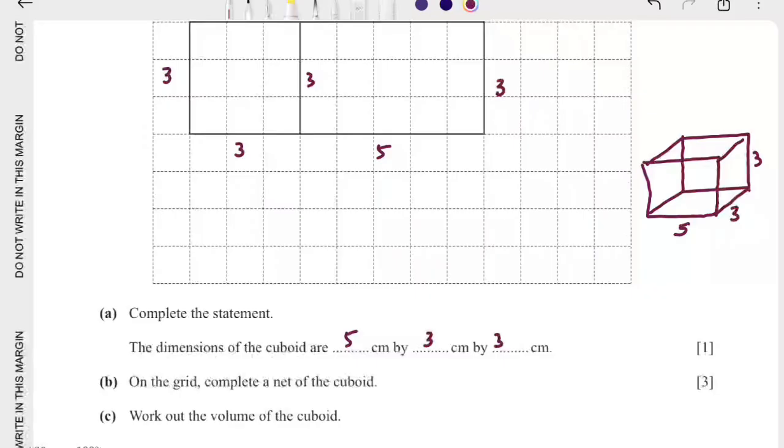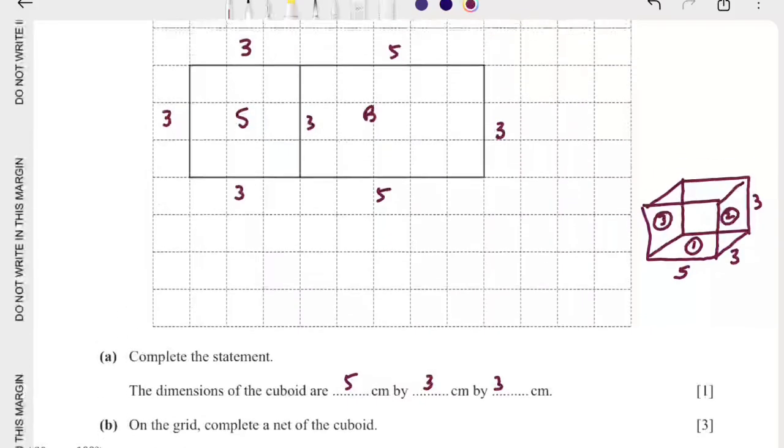Just check it. So over here they have drawn two faces. One is this one, that is the bottom one, and the other face is the side one. This is the side one and this is the bottom one. So we have to make another face, that is the side one, and that is also a square.